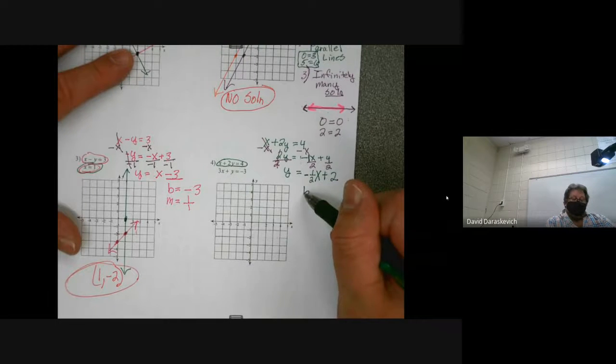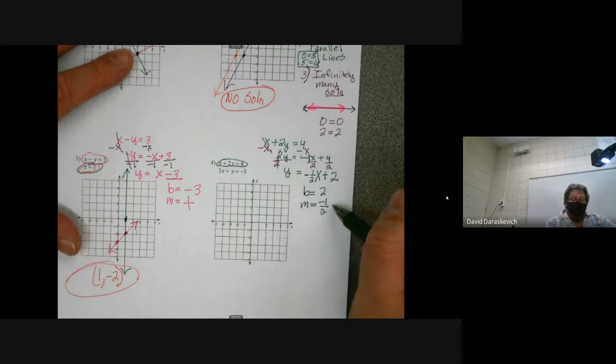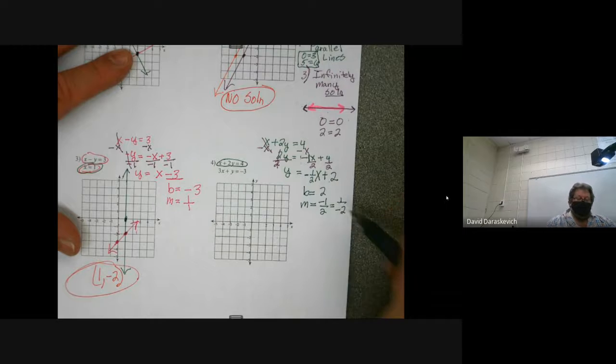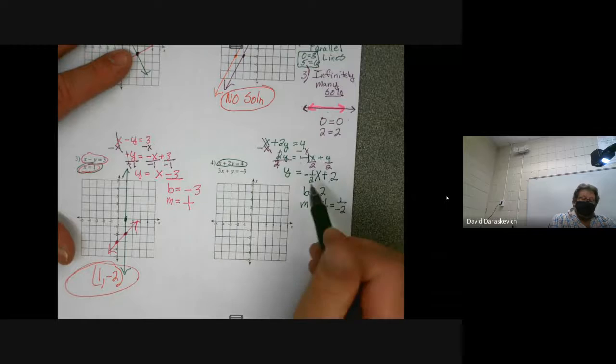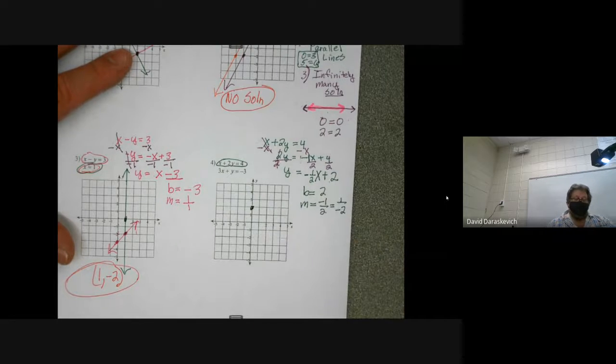My b is positive 2. My slope, now you can put the negative with the 1 or with the 2. There's my line. Positive 2, where it crosses the y-axis.